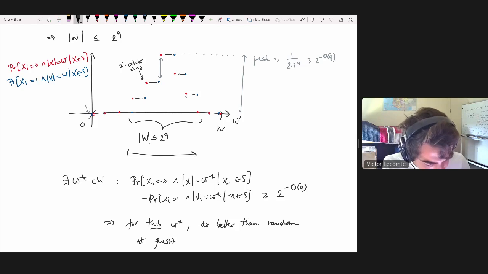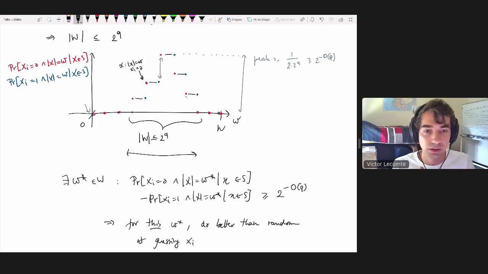And this specific w star is also fairly likely, because since the red point is quite a bit higher than the blue point, the sum of the two has to be significant. At least a 2 to the minus q fraction of the time, conditioned on x being in S, you're going to end up in this Hamming weight w star.